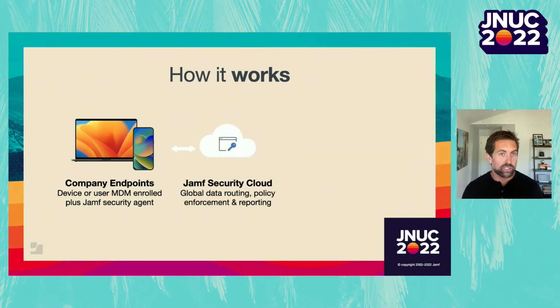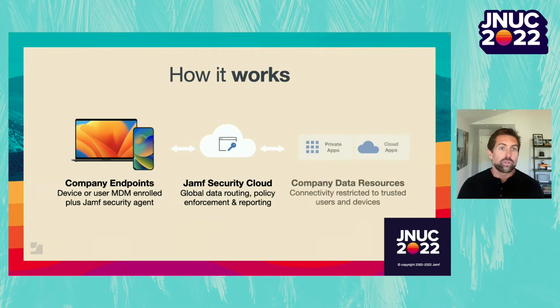Now with those components deployed, and in consideration of device ownership modes and the privacy concerns we just talked about, either all device traffic or some device business-only traffic is routed dynamically through the Jamf Security Cloud. It is through the Jamf Security Cloud that these users are granted access to company apps and workloads, no matter if they are on-prem or in the cloud.